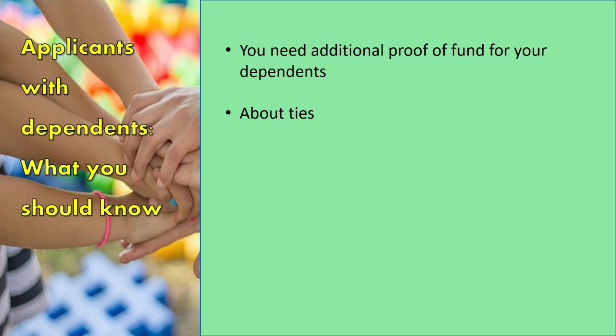So this will be very difficult if the only ties you can demonstrate with your country is family ties. If you are going to the embassy with your wife, with your children, with the hope that you all are going together at the same time, it will be difficult. So if you are in that category, I encourage you to have another way to demonstrate your ties with your country.